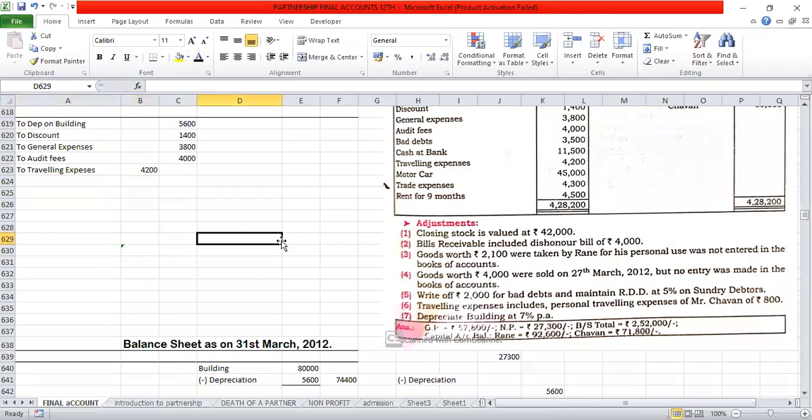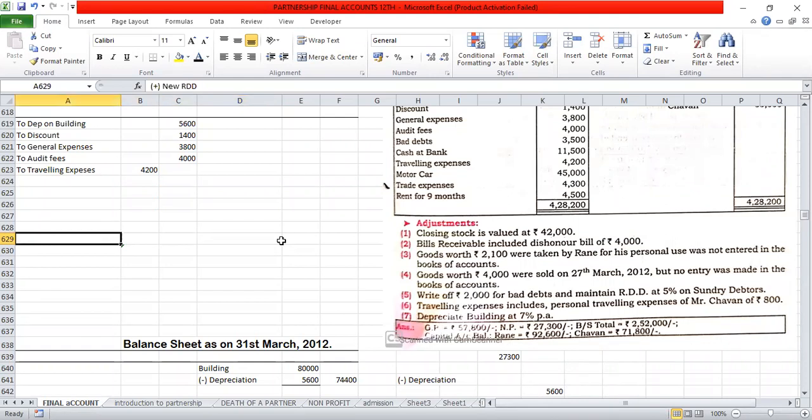Adjustment number 6 says expenses include personal traveling expenses of Mr. Chavan, rupees 800. Out of 4,200, 800 rupees is related to Mr. Chavan's personal expenses. So what do we have to do? Personal expenses are known as drawings.